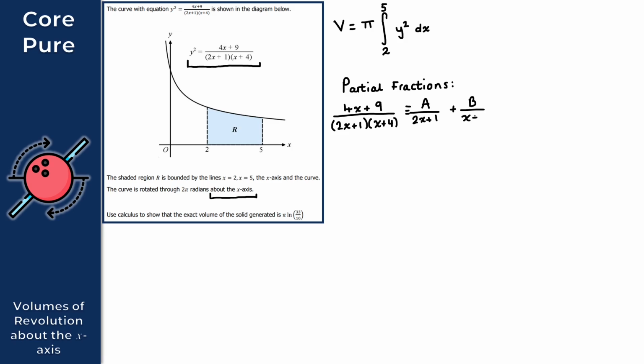So what I get is A lots of x plus 4, plus B lots of 2x plus 1.